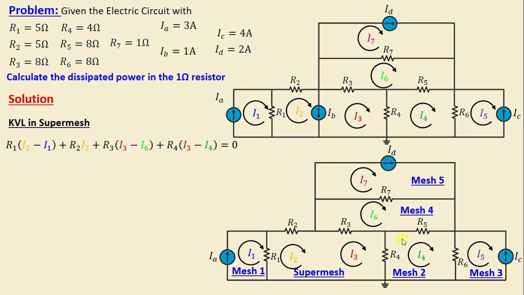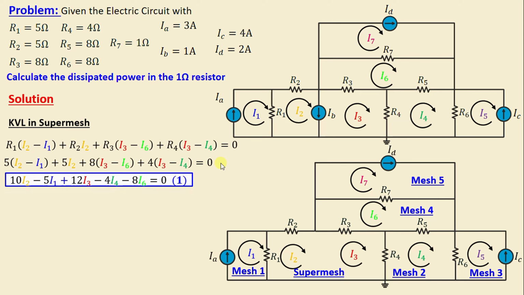If we replace the resistors with their numerical values, we obtain 5(I2 minus I1) plus 5I2 plus 8(I3 minus I6) plus 4(I3 minus I4) is equal to 0. If we continue simplifying this equation, we obtain 10I2 minus 5I1 plus 12I3 minus 4I4 minus 8I6 is equal to 0. And I will call this equation 1.